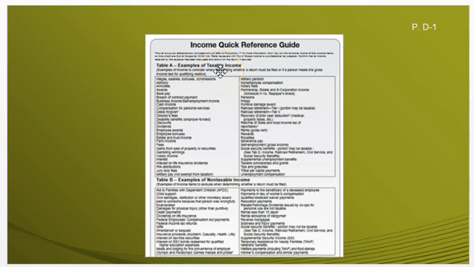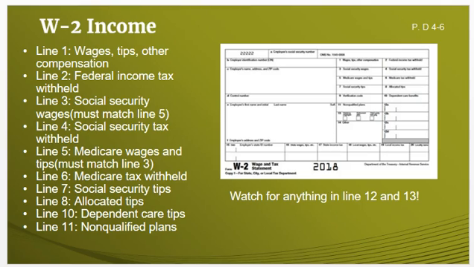Then there are certain things that the IRS has specifically said are not taxable, and in Table B, we have examples of non-taxable income. So you might have taxpayers who will have both taxable and non-taxable sources of income. Let's start to go through some of the more common things that you will see.